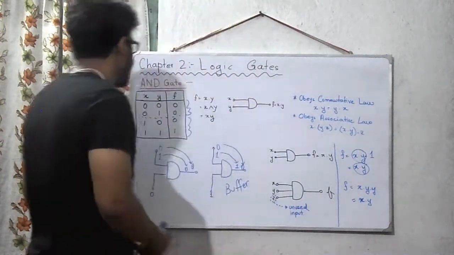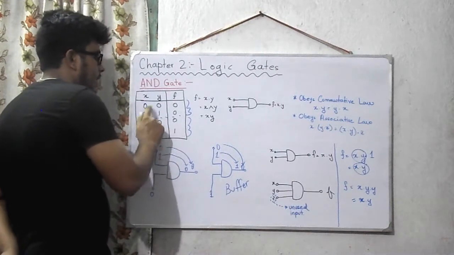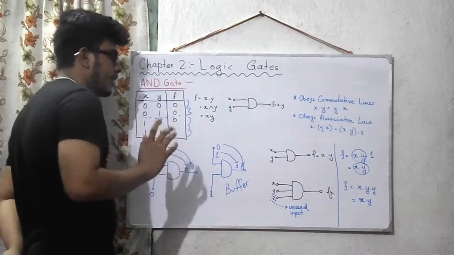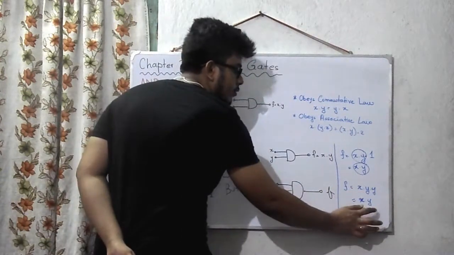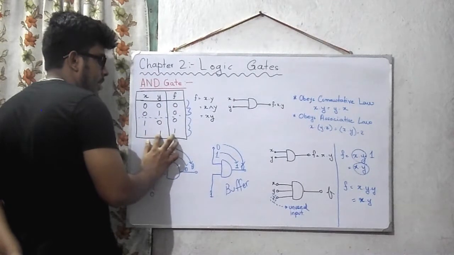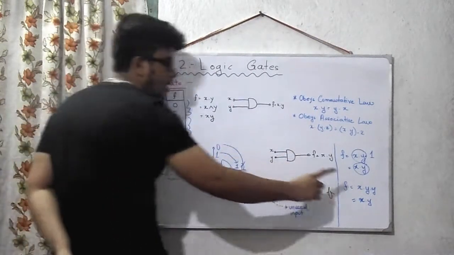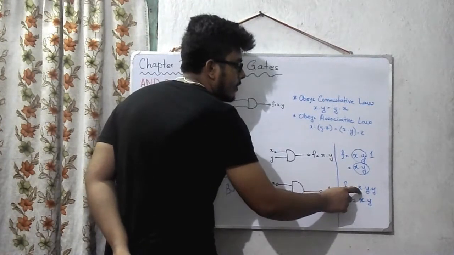See, 0 dot 0 is 0, 1 dot 1 is 1. That means two same things ANDed will give you the same thing. The same thing takes place over here. y dot y will give you y, and you are left with x, so x dot y.